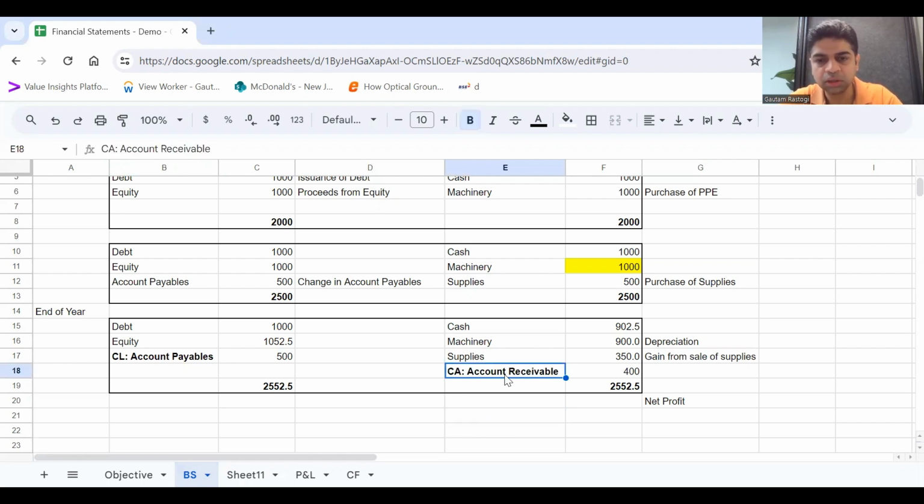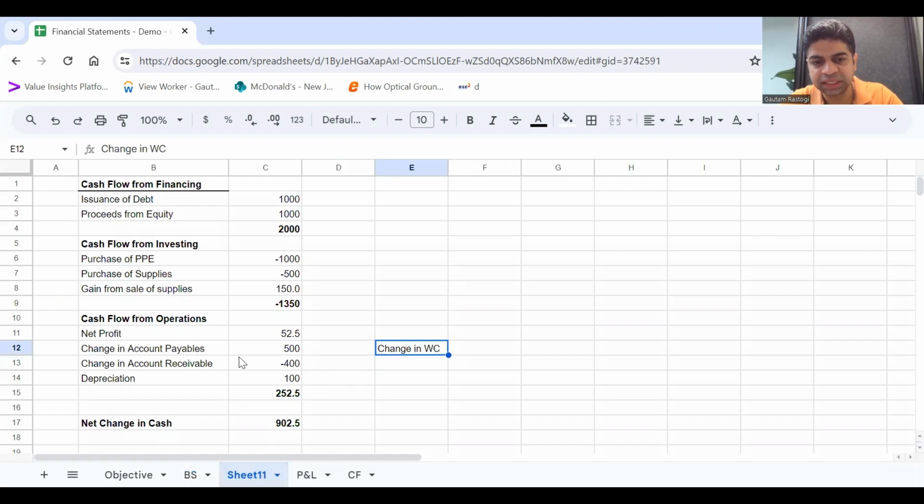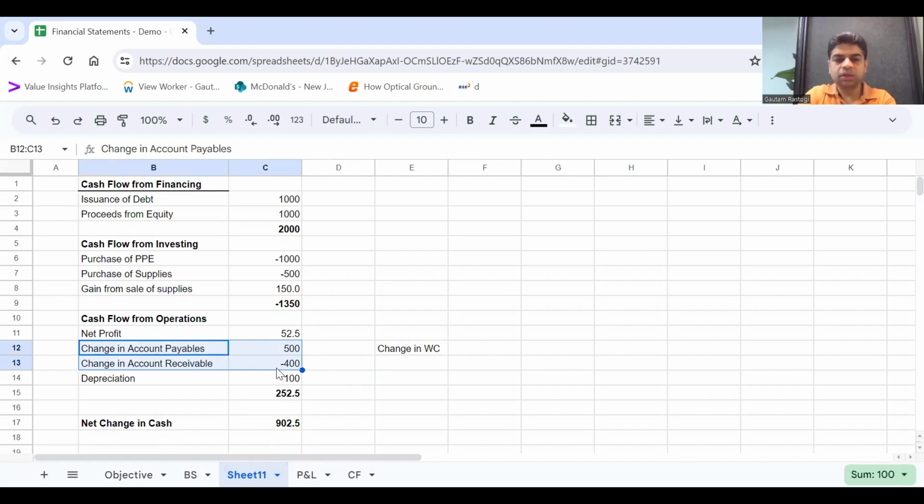So working capital is current assets minus current liabilities. Working capital gives you a sense of how much liquidity you have, and whether you have sufficient money to meet your day-to-day expenses. So here, this change is really the change in working capital.